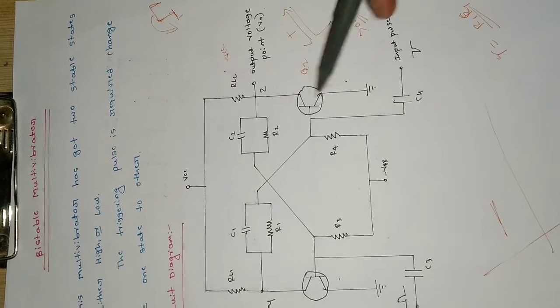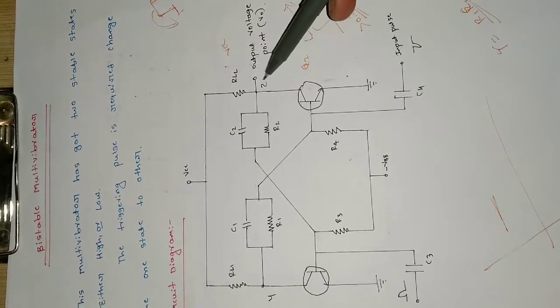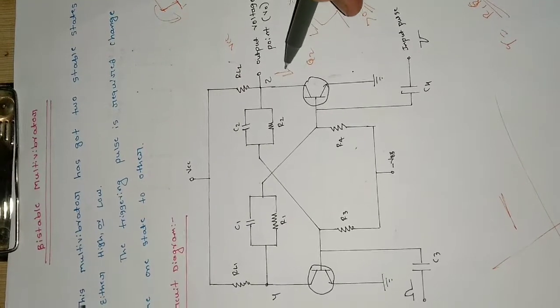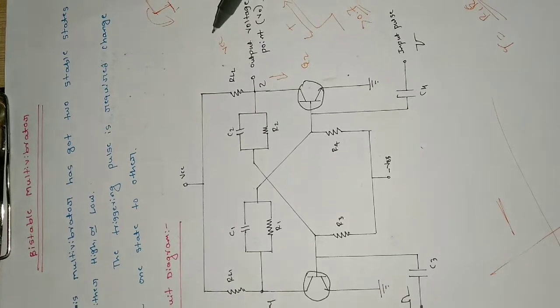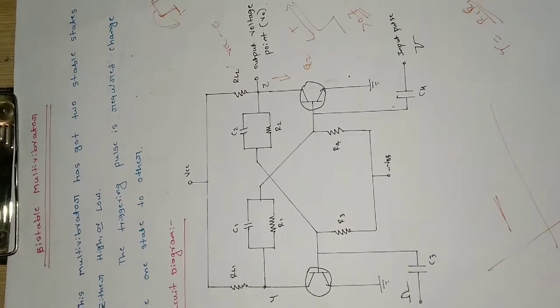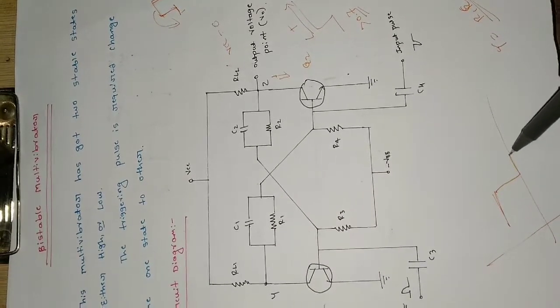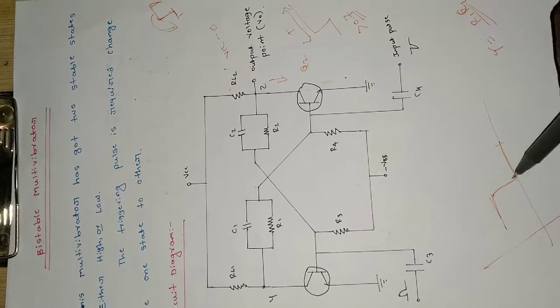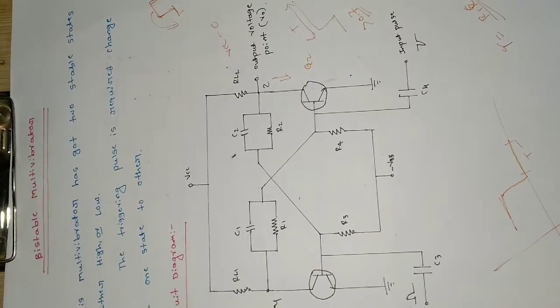So this now becomes a short circuit, and the current finds a path and flows like this to the ground. At this point the voltage drop will go to zero. The voltage drop at the output will go to zero, so the output will move to zero. It will continue up to the time period T decided by these two components, C1 and R1.